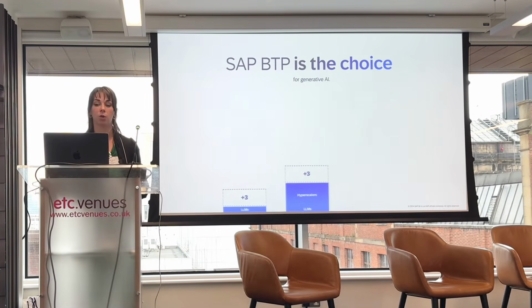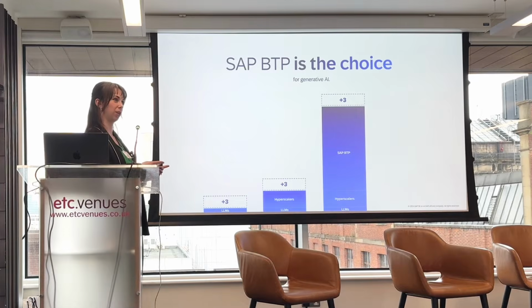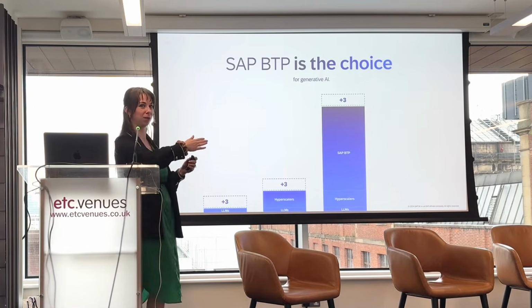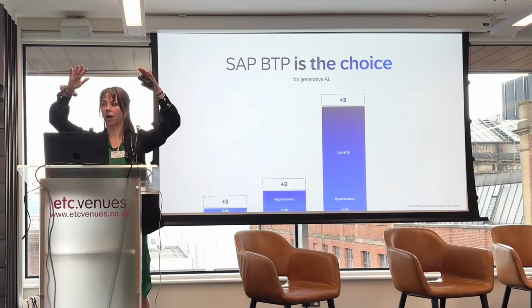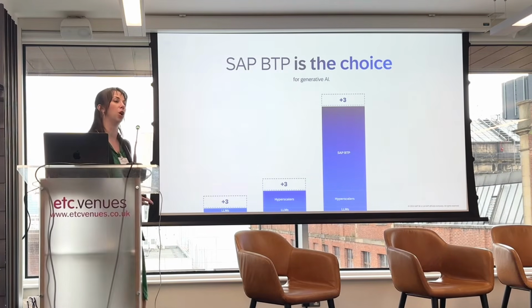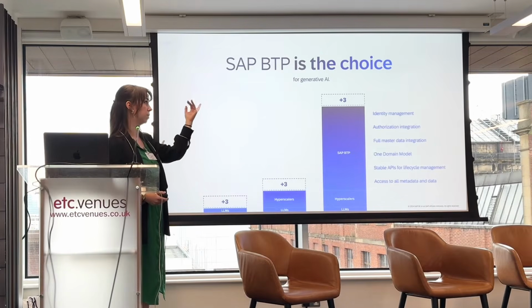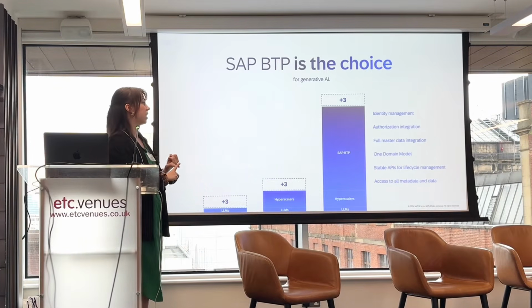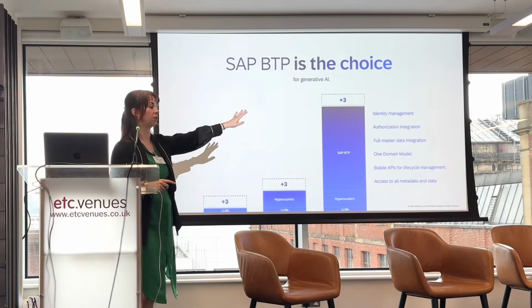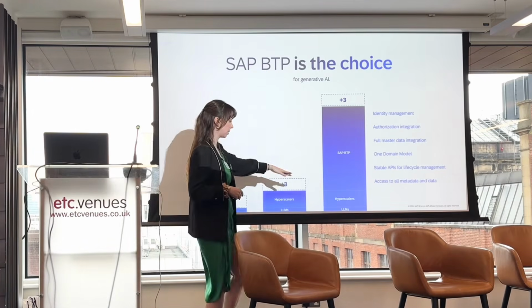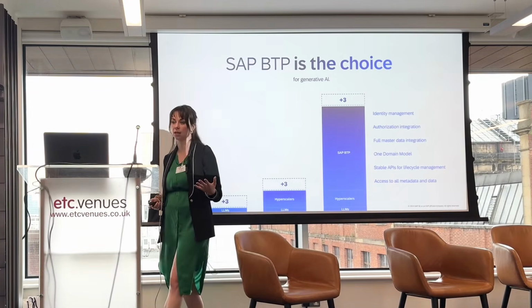So that is why we believe, and the customer earlier in the panel said exactly that, that this is the gateway in, right? Because it's in this one environment for all of the different areas, you use it through the BTP system, because you already have authorization integration, identity management, full master data integration and several other things that give you the benefit, while still being able to access large language models and build things out.